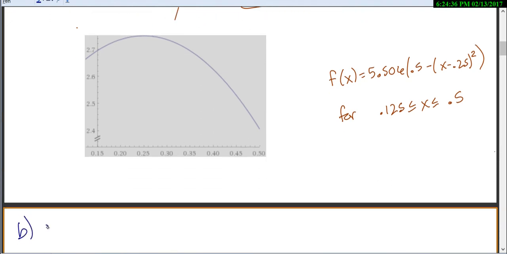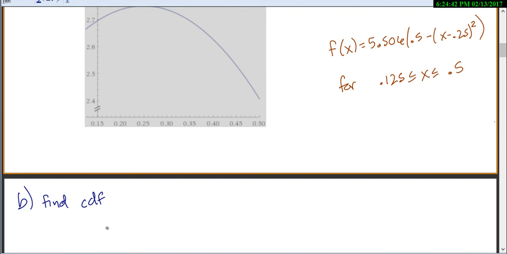And B says find the CDF. So how do we always go from PDF to CDF? At this point, I know we don't have all the formulas memorized, but hopefully this part is sinking in. PDF to CDF, we have to integrate.